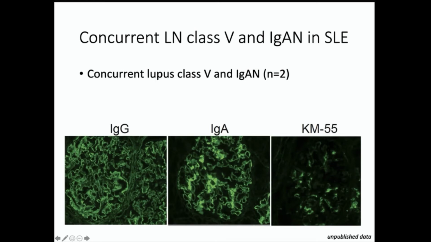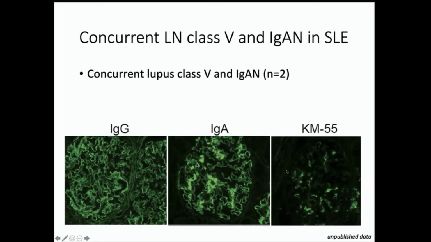For the IgA, the predominant deposits are in the mesangium, the chunky part, but in the capillary wall it's essentially negative. Because the deposits are in different locations, we can recognize they have different patterns. And the KM55 staining is positive, in a similar pattern to IgA.